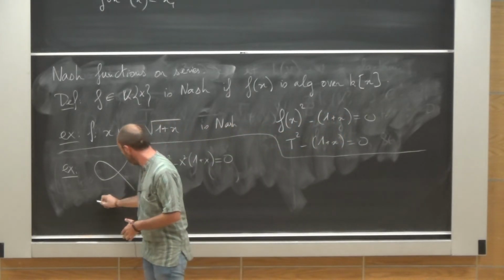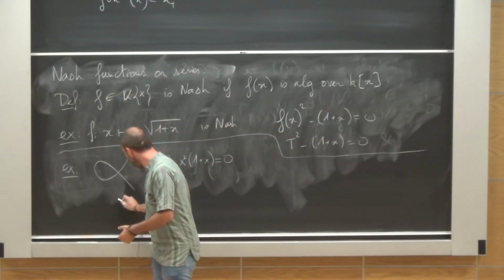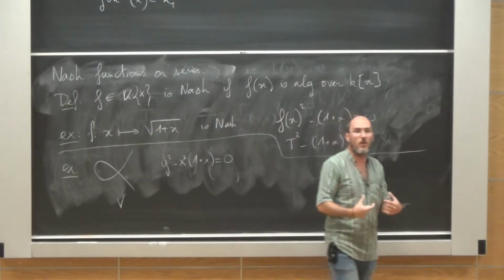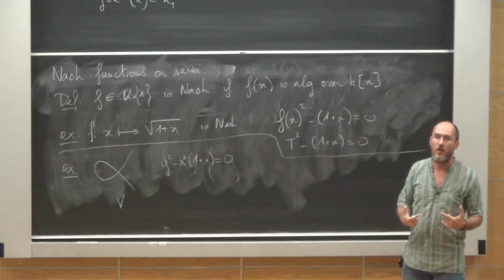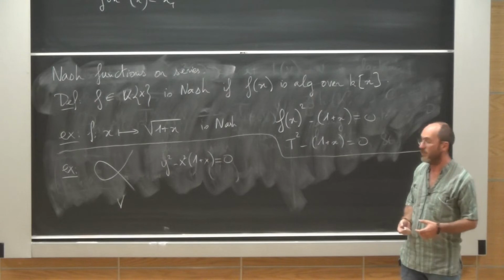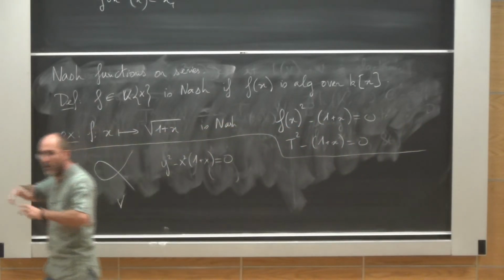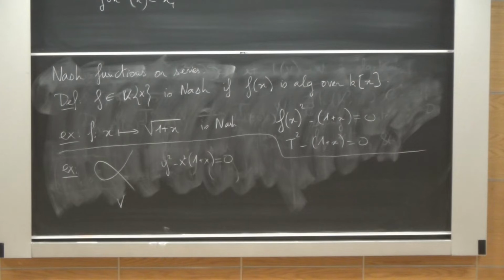The zero set of this curve, which I denote by V, cannot be written as the union of two proper curves in V, cannot be reduced as the union of two smaller algebraic sets.